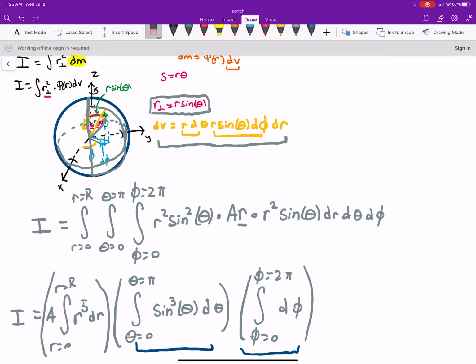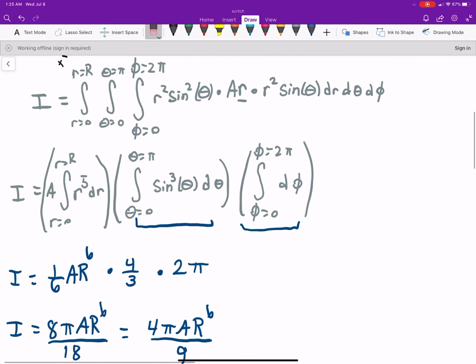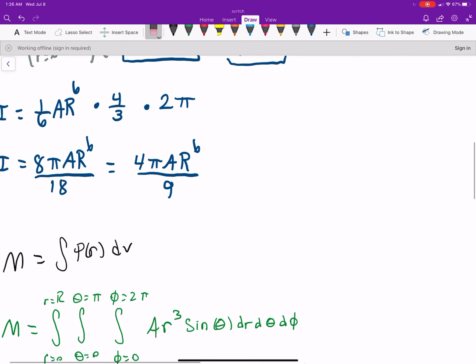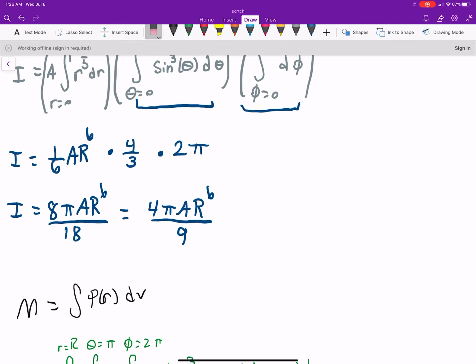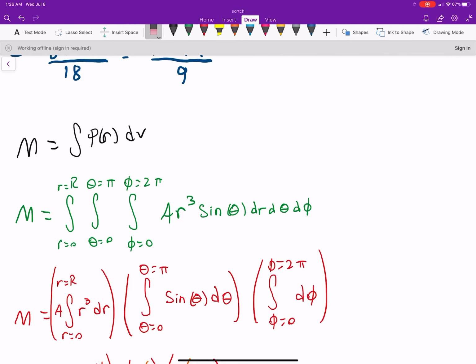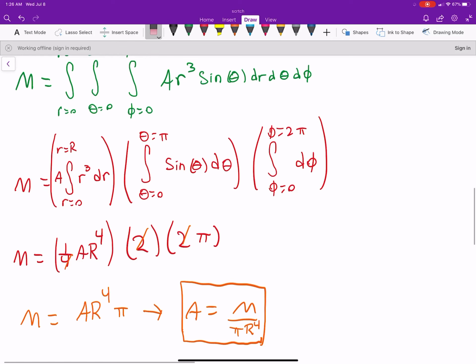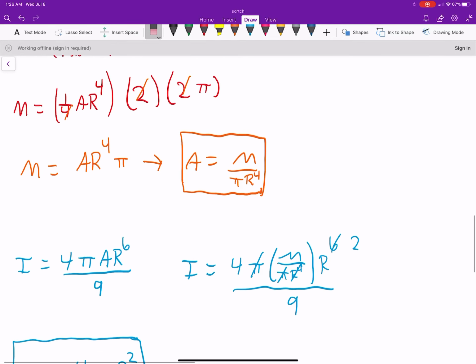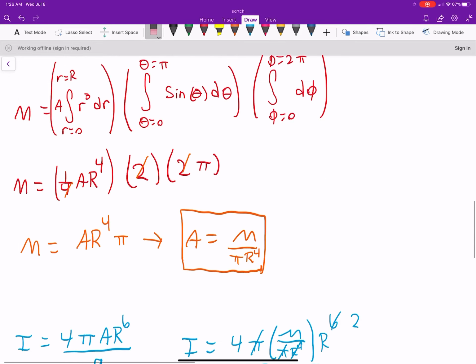Then we had to solve a triple integral, which nicely broke down to 3 single integrals to get an expression for I. But if you go and check, you'll notice that A should not be in the expression. So we used the fact that mass is the integral of our density dV, and we evaluated that, which was very similar to the last triple integral where it breaks nicely into 3. We evaluated it, and then we solved for A in terms of m and r. We substituted that back in and then simplified.